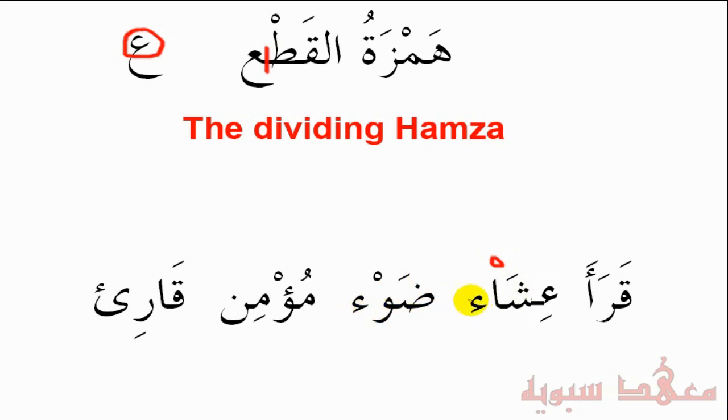Here Isha means the time of the night when the light disappears, and Daw' means light. Qara'a means he read. Next we have the Hamza, and before the Hamza is a dhamma. Now when this happens, the Hamza gets a waw. So mu'min, a believer. And finally, qari', before it is the kasra, and therefore it gets a ya.